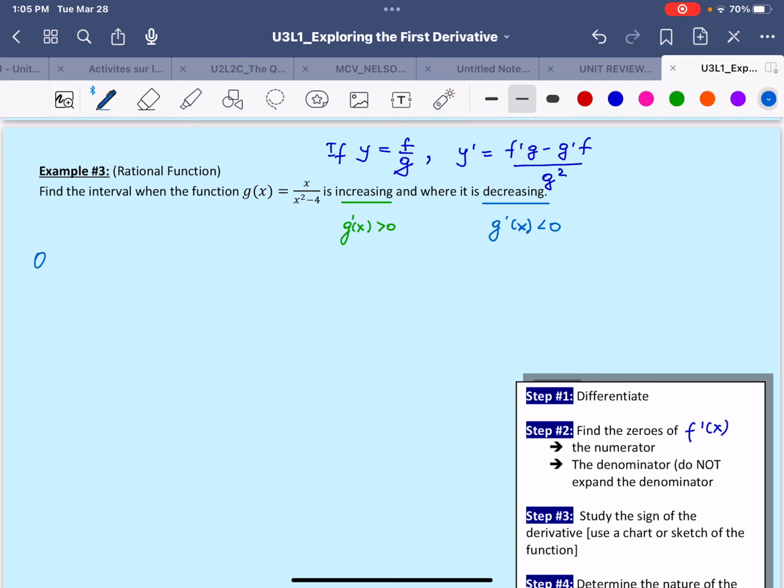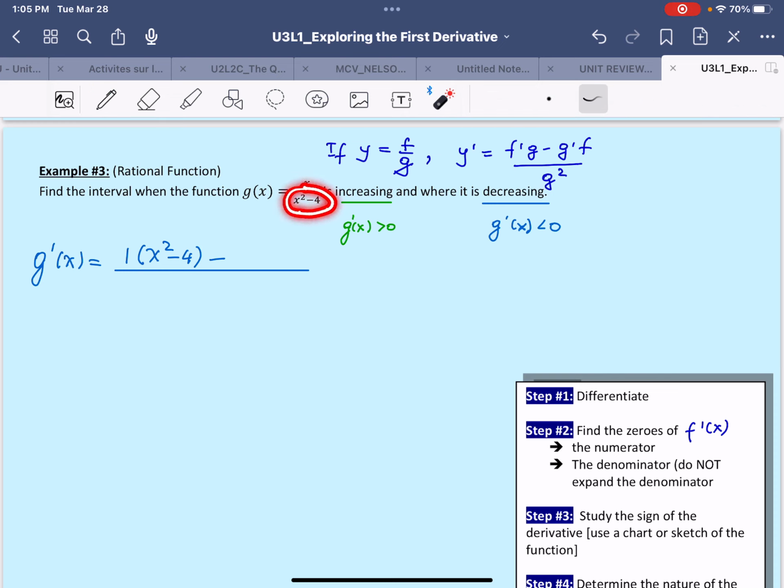So in our case, we have g prime of x equals the derivative of the numerator, which is 1, times x squared minus 4, the denominator, and then minus the derivative of the denominator, which is 2x, multiplied by the numerator x.